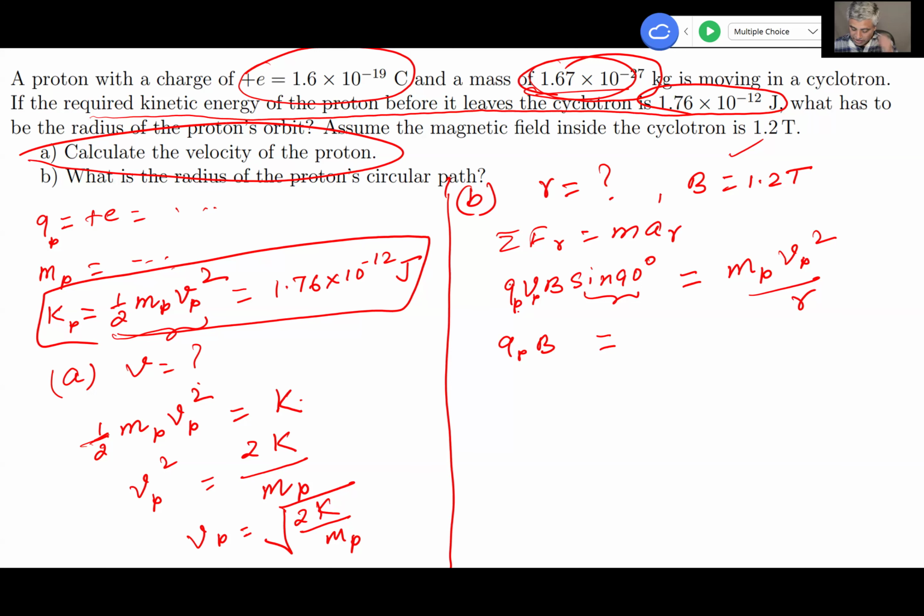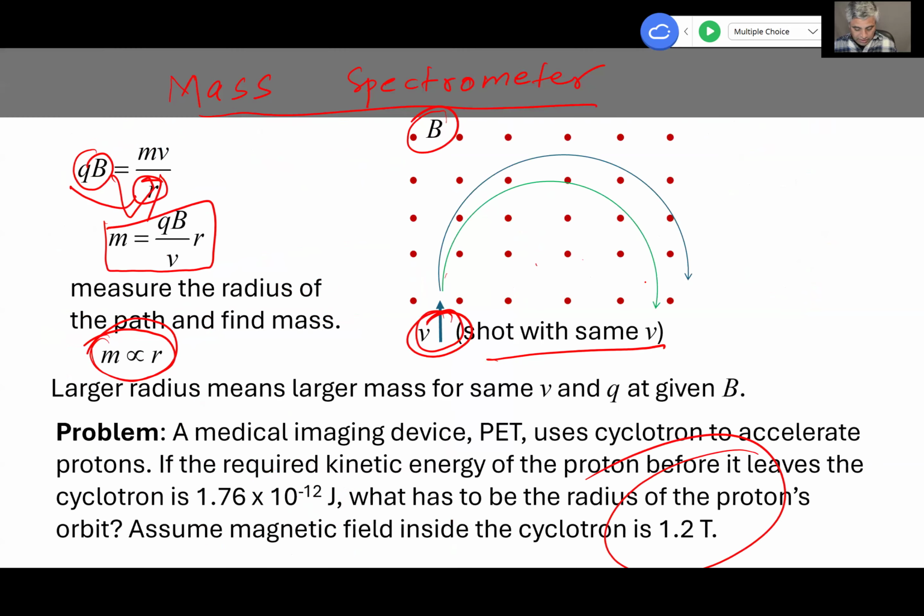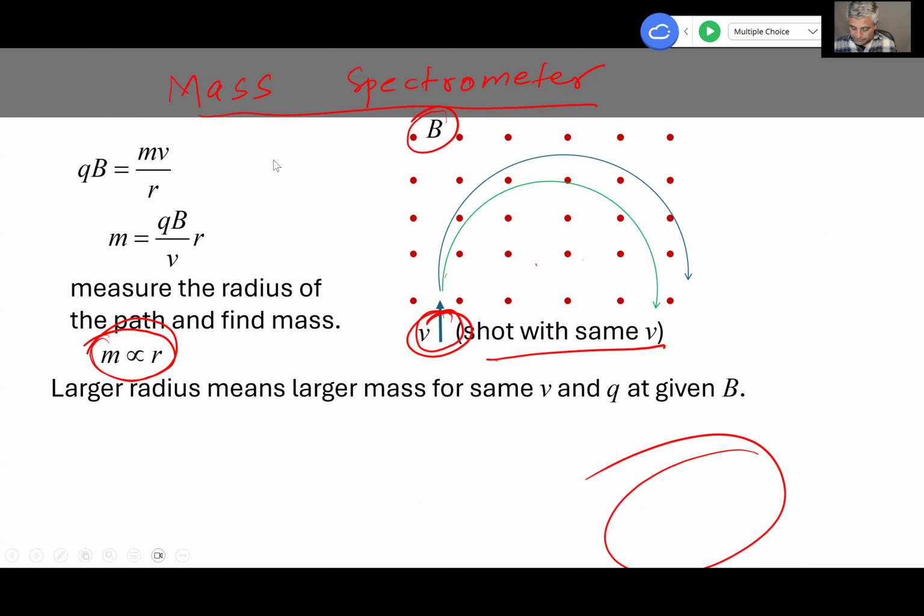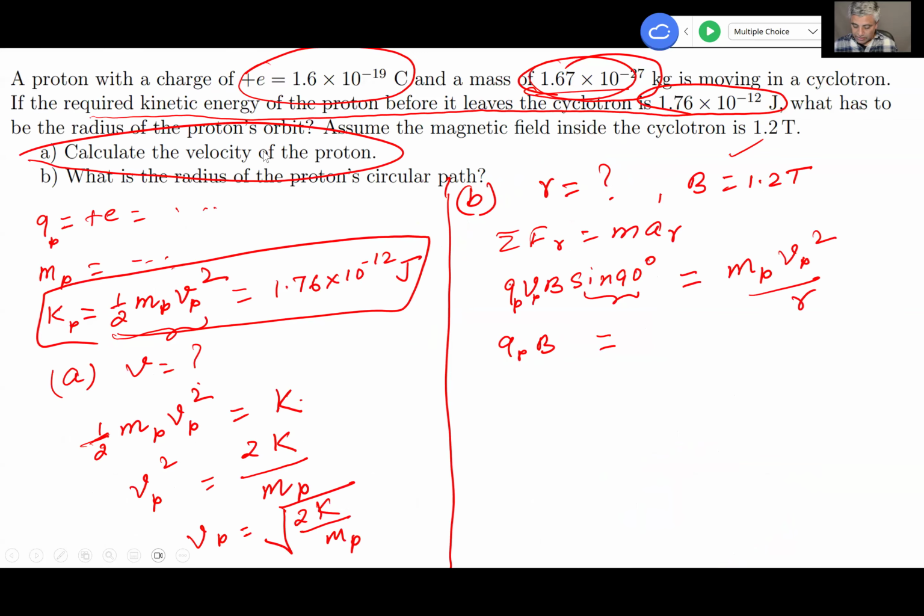Did I miss something here? qv cross B sine 90. So there was just q and B, there was no extra v.